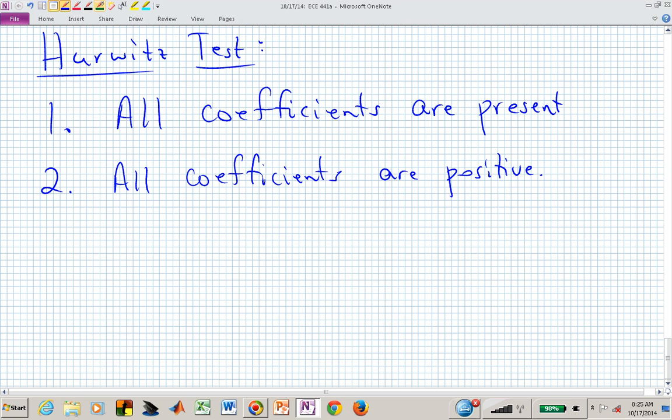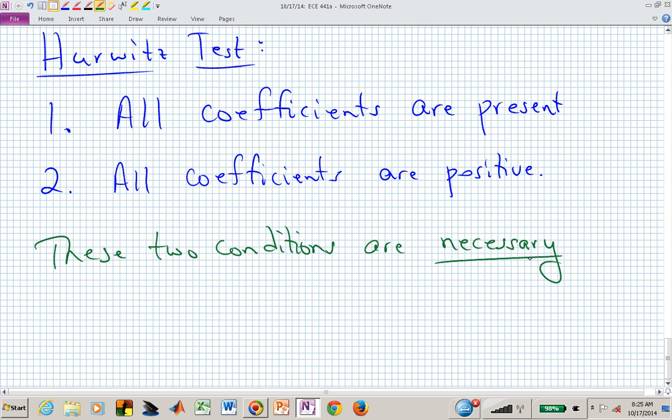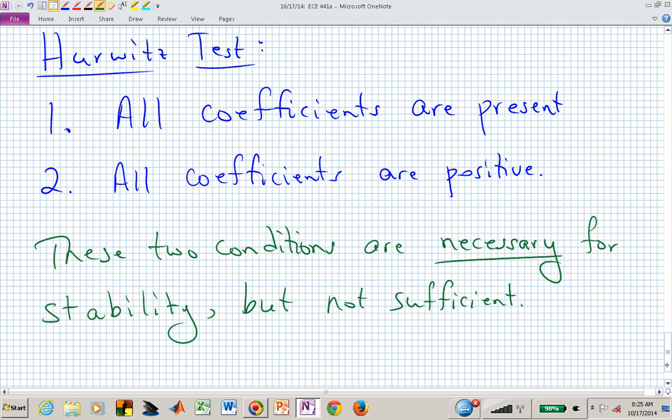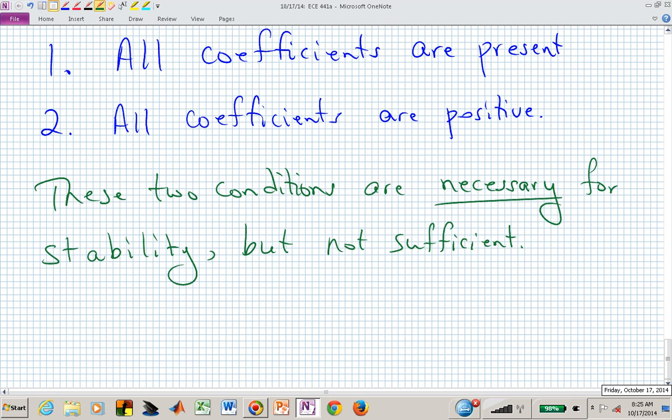Now, these conditions, as I said before, are actually only necessary conditions for stability. Now you put your math hat on and you go, what in the world does that mean?